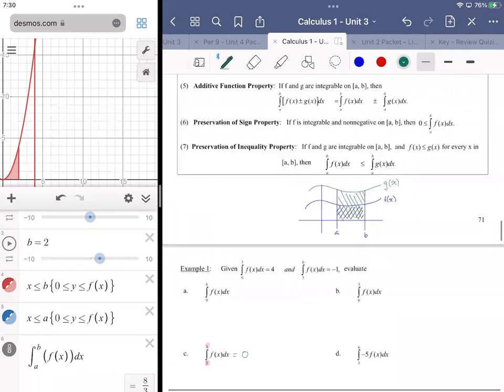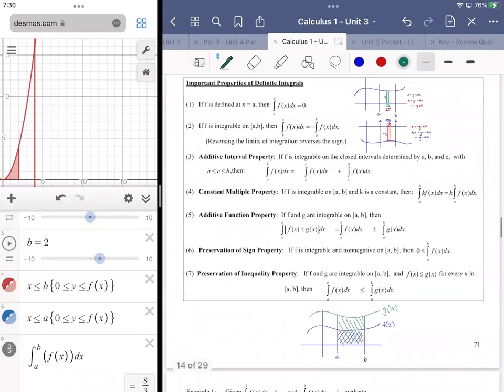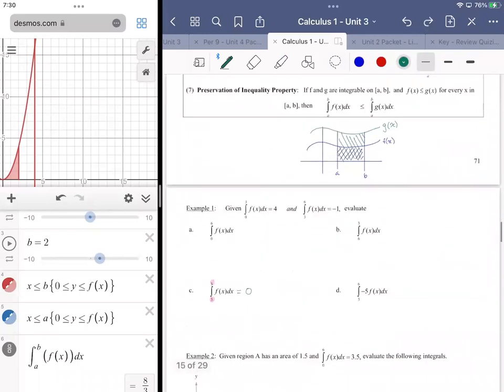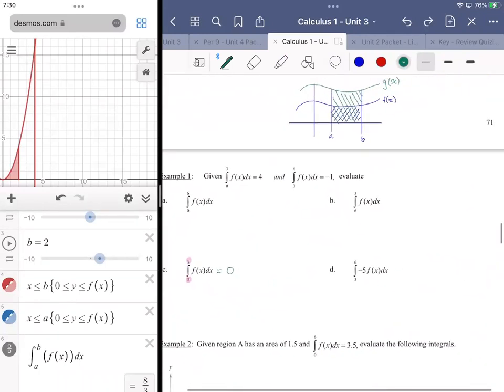This one here is the additive interval property. What this is saying, and I'll look at it in the form of a number line: if I have a number line going from 0 to 6, and it stops at 3 along the way, and I tell you that from 0 to 3, I have a certain area, and then going from 3 to 6, you have another area.